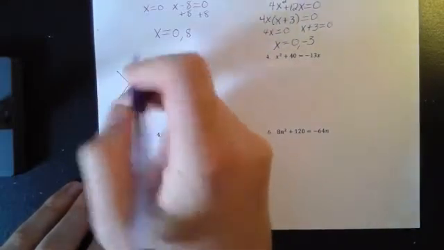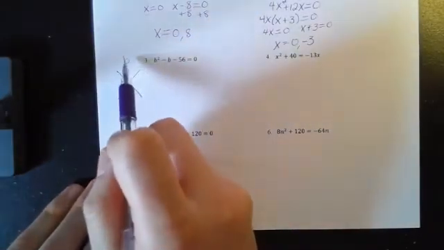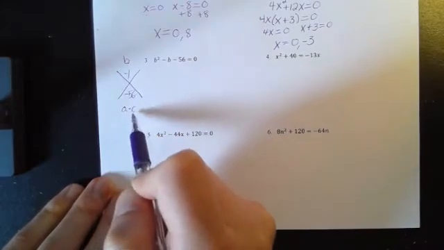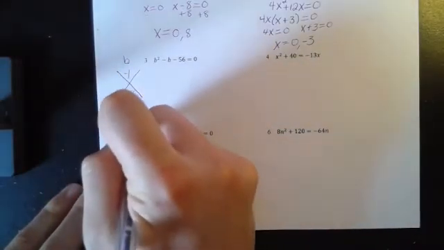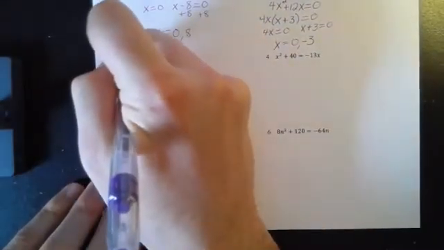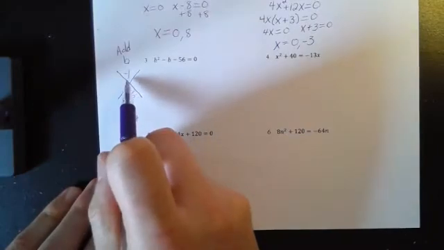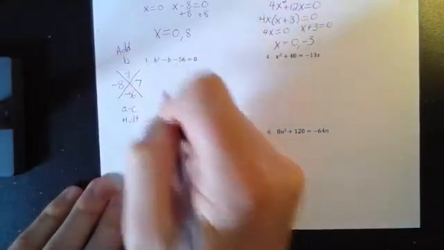And then your b value is -1. Remember the trick, it spells back, so the b value goes up top, a times c goes in the bottom. We're looking for two numbers that multiply to the bottom and add to the top. So what two numbers multiply to -56 and add to -1? It's going to be -8 and positive 7.